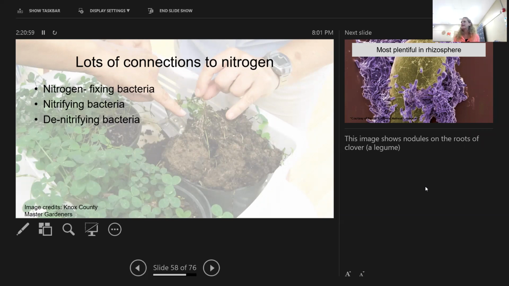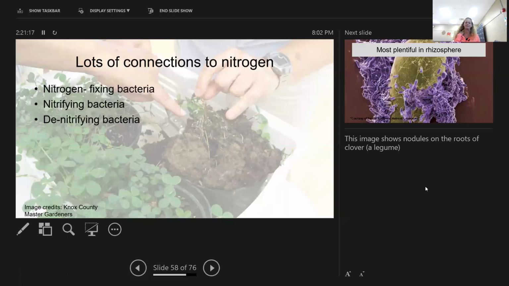So there are lots of connections to nitrogen. Nitrogen provides the green growth in your plants. You want that green leafy growth. We have the nitrogen fixing bacterias.